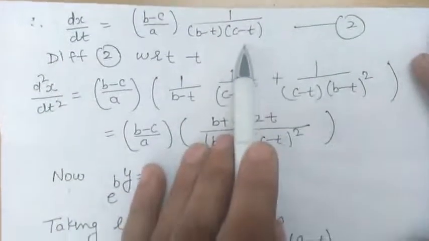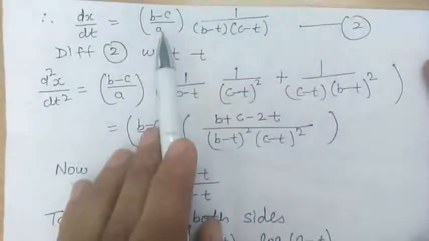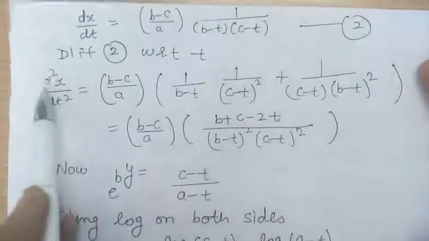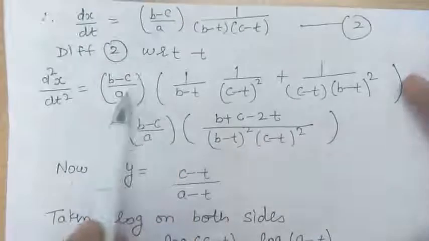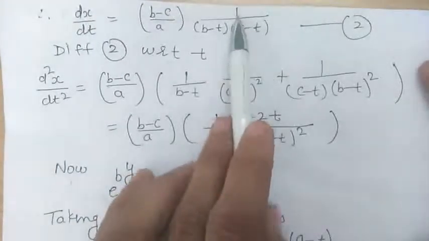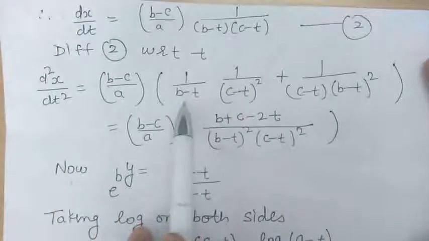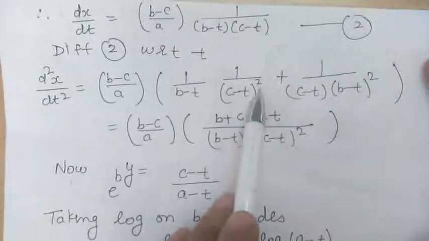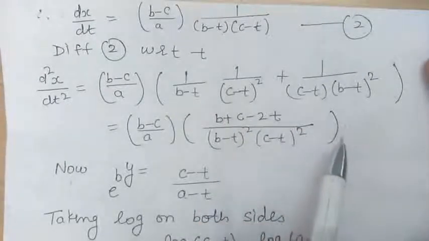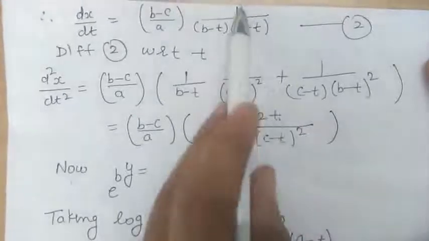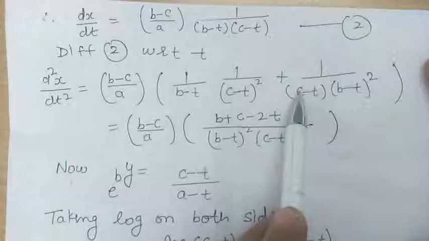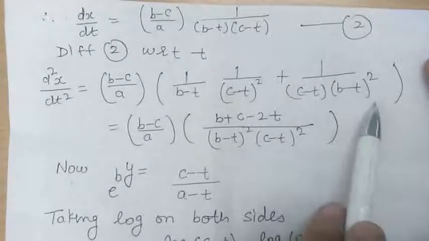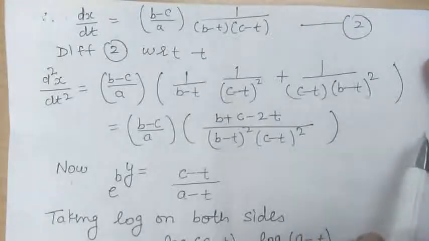Now to find the second order derivative, let us again differentiate with respect to t. Here the second order derivative of x is given by d²x/dt². This term is constant. Here we can use the product rule. First function 1 upon (b − t) as it is, the derivative of 1 upon (c − t) is −1 upon (c − t) whole square, and the derivative of c − t will be −1, plus second function as it is, the derivative of 1 upon (b − t) will be −1 upon (b − t) whole square, and the derivative of b − t will be −1.